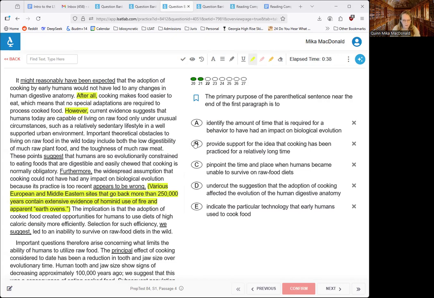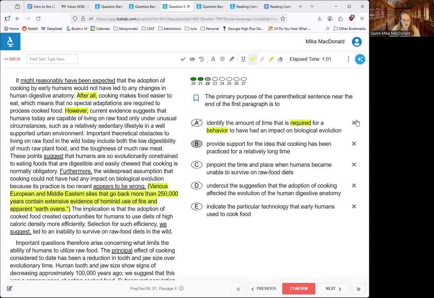Yeah. It seems to be a part of a rebuttal, right? That's the whole point of the parenthetical. It follows this idea that this widespread assumption appears to be wrong. Okay. Yeah. A, too specific.